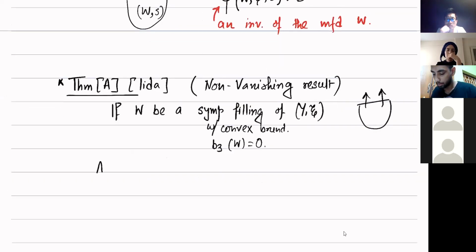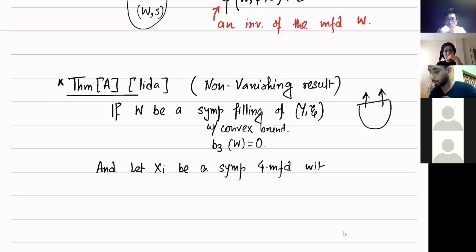and let X_i be a symplectic four-manifold with b2 plus congruent to 3 mod 4.